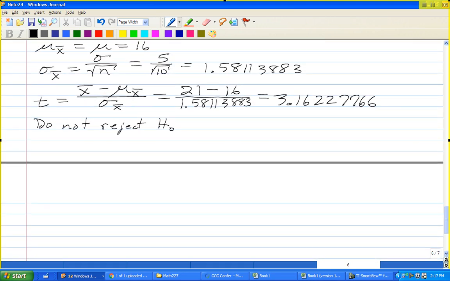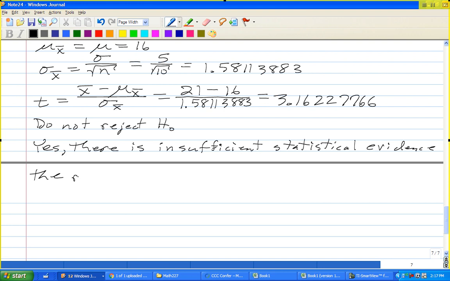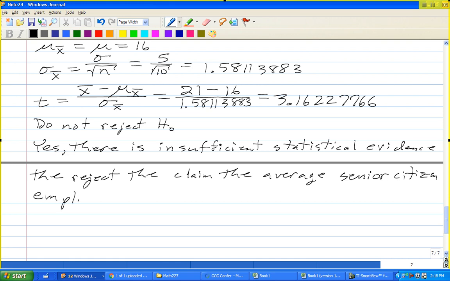So, yes, there is insufficient statistical evidence to reject the claim that the average senior citizen employee at Big Burger works 16 hours per week. And that is your answer.